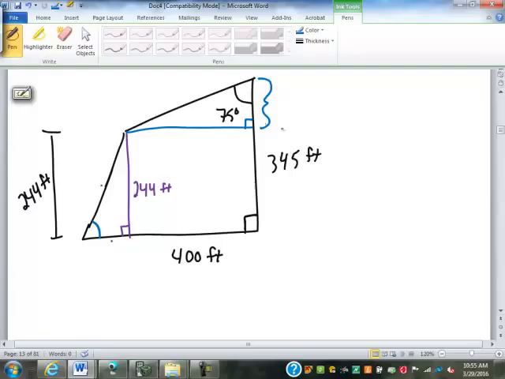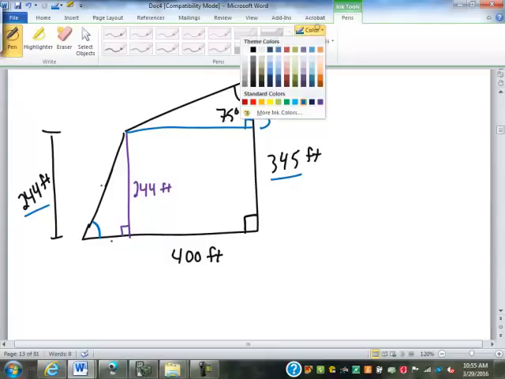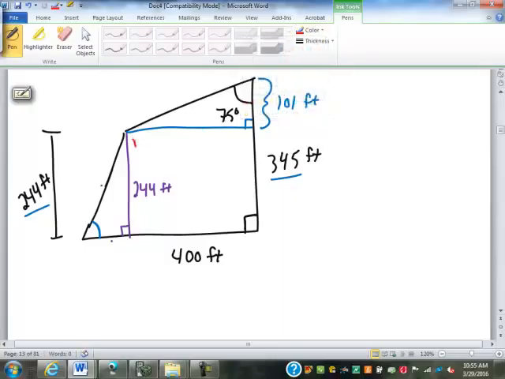We can find this side, which would be 345 minus 244, which is 101 feet. Everybody see that? Which means I can find this side. According to this angle, this would be the opposite side. This would be the adjacent side, so we are dealing with a tangent.